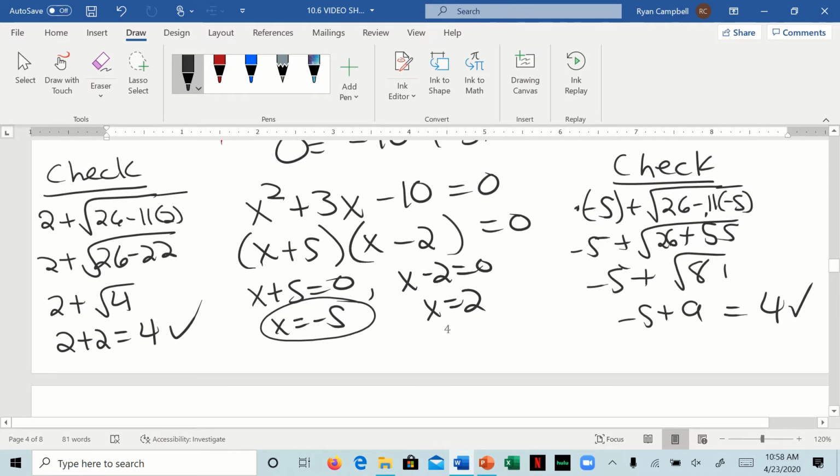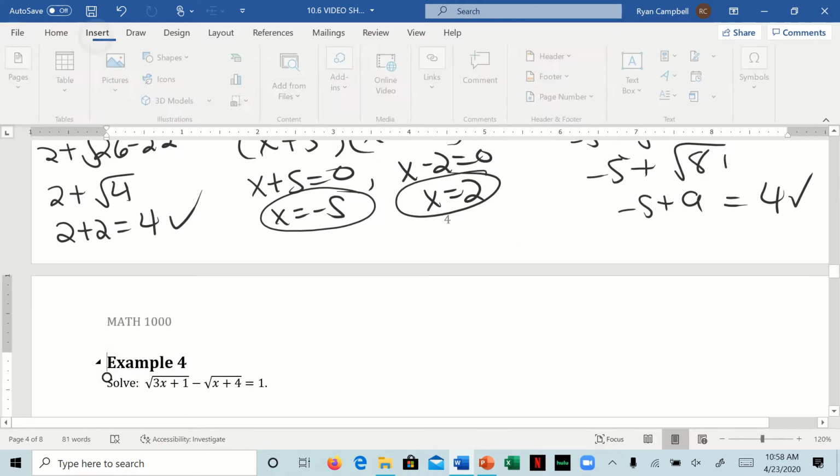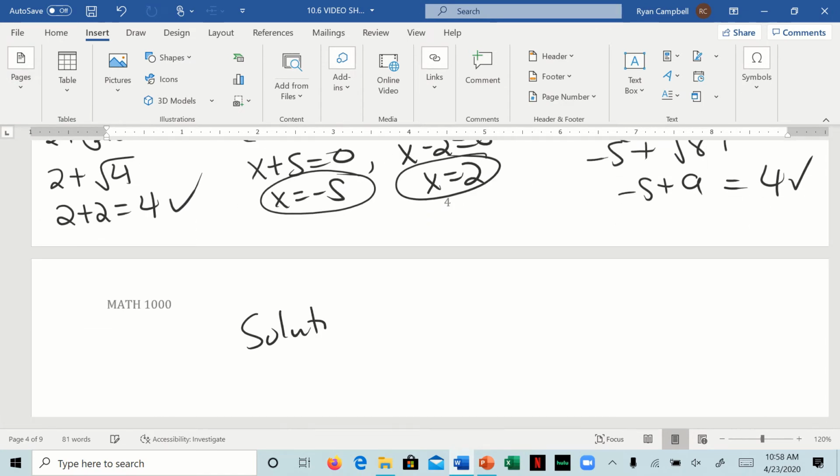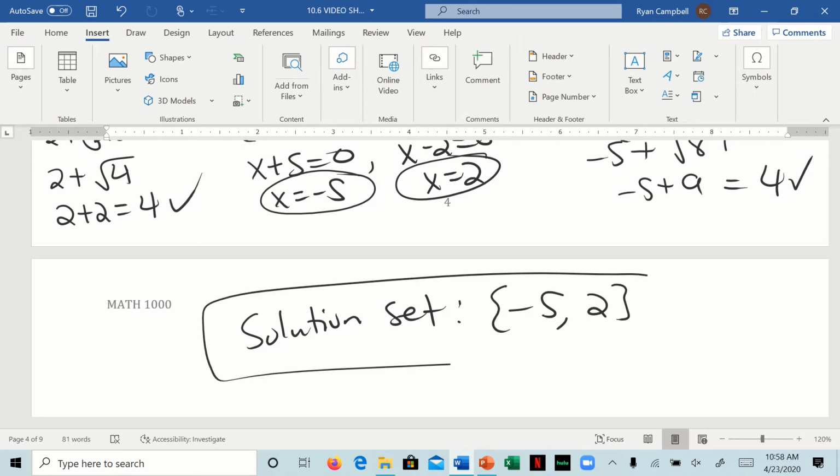So in both scenarios, we ended up with a solution, which means that the solution set is both negative 5 and 2. Two more examples, and then we'll be done with this lesson.